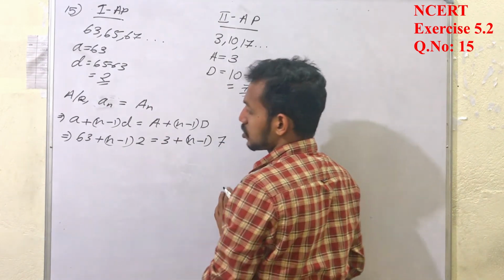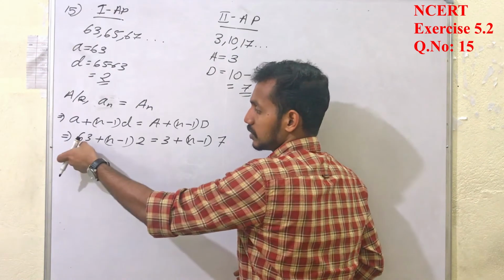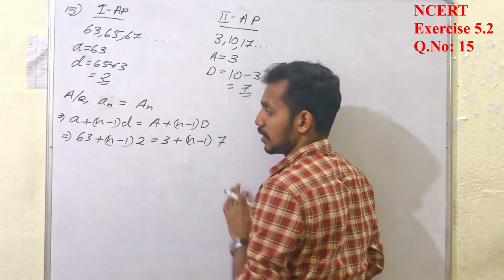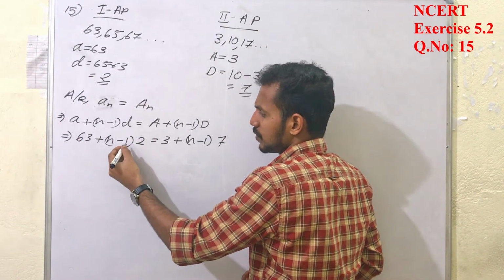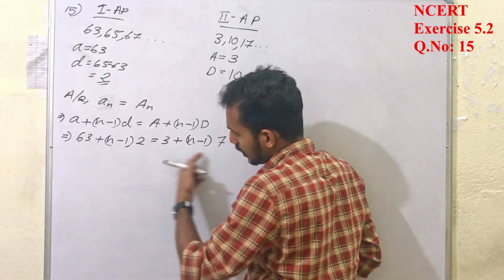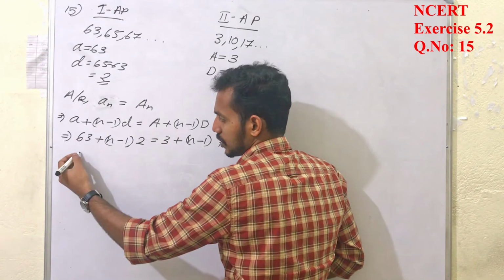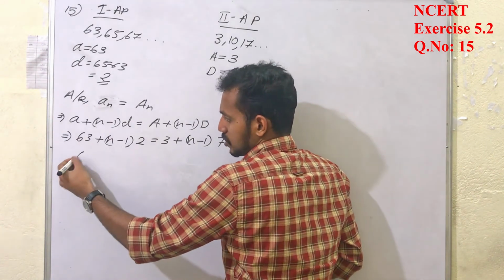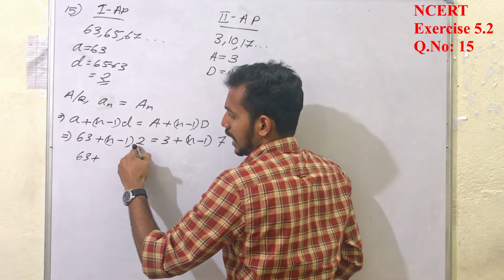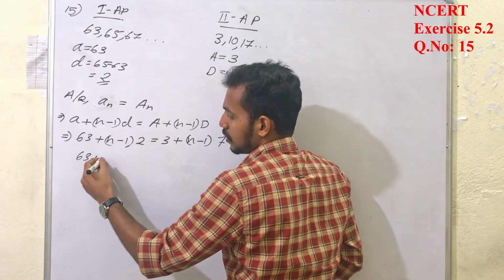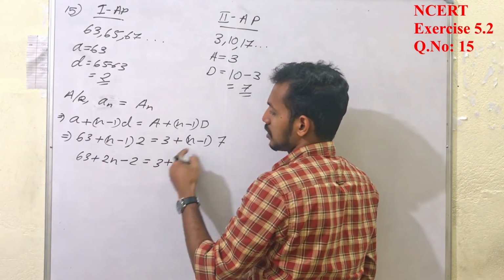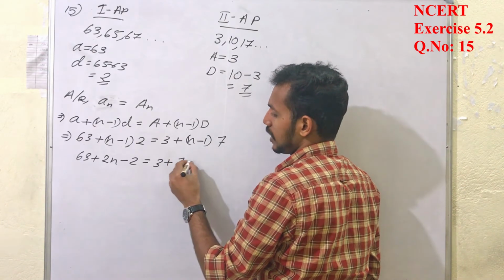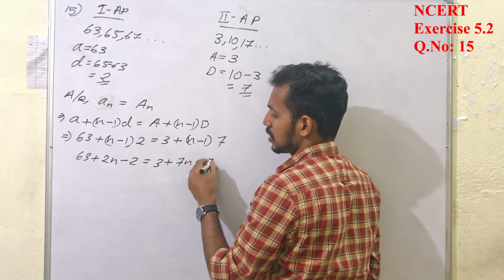Here either you can solve by taking the n minus 1 together to one side and the numbers to the other side, but here the numbers are small, so we don't need to go for such a method. We can directly distribute it. So 63 plus n minus 1 into 2 will be 2n minus 2, is equal to 3 plus n into 7, that is 7n minus 7 into 1 will be 7.